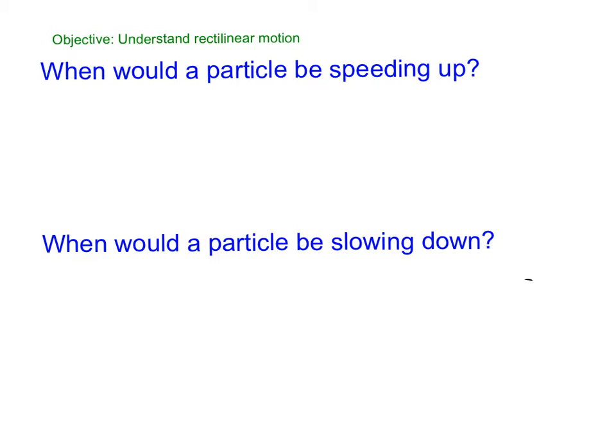When would a particle be speeding up or slowing down? So I really wish we were in class right now because I have a very physical way of doing this. So speeding up, remember about position. So if velocity, here's my velocity, is moving to the right, so it's a point and it's going this way, right?